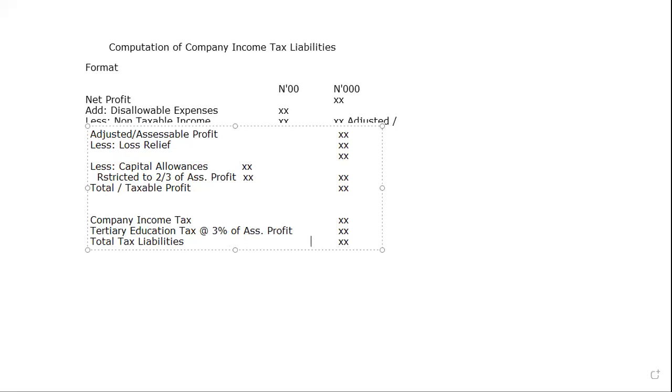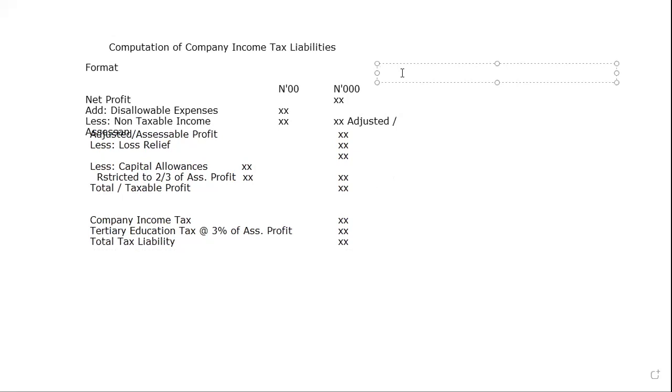Any question? Education tax, is it not 3%? I just explained 3%. I will explain everything you have on the sheet now.